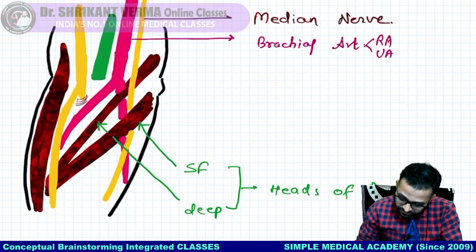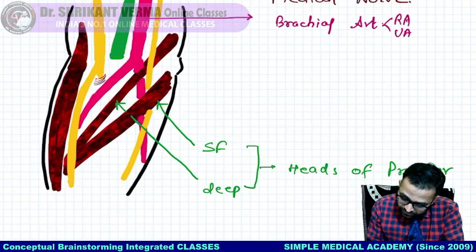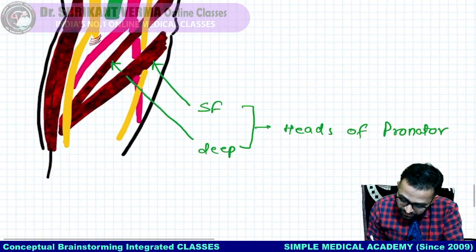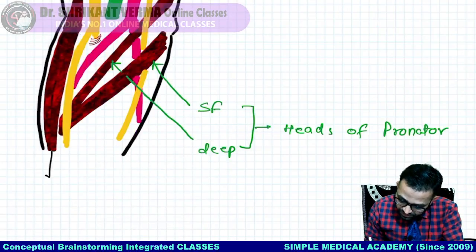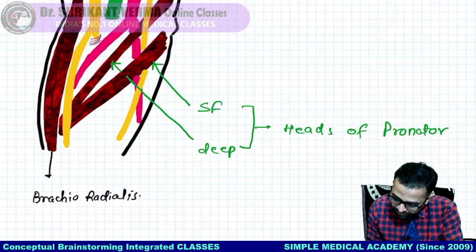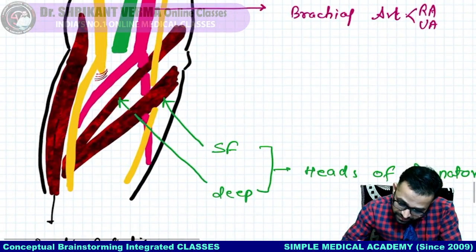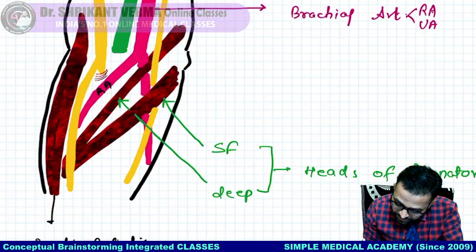Yes, here we can mention this particular muscle as our brachioradialis, getting the point, and the arteries, this is our radial artery, and here is our ulnar artery.